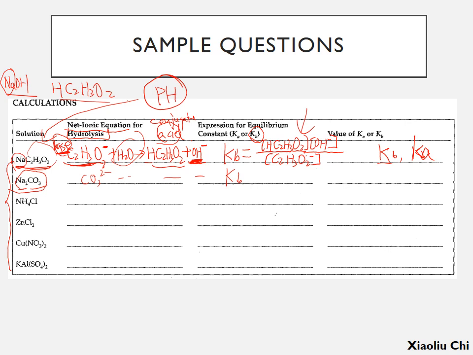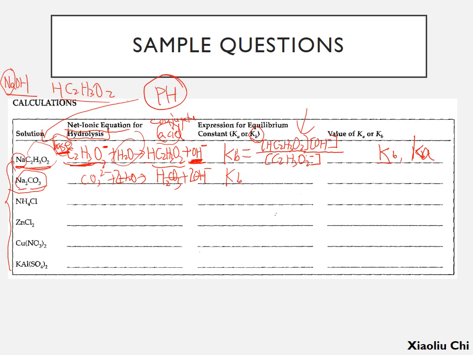But note here you add water. Okay, let's write it. So here the acid should be H2CO3, okay, because the carbonate is 2 negative, so you need 2 of them, and you generate 2 hydroxide, 2 of them, all right, 2 water.